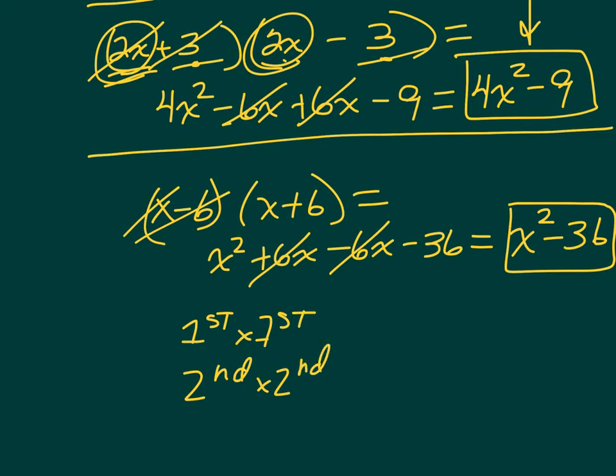Now you can only do that if you have conjugates. If you don't have conjugates, it's not going to work. Let's see if it would have worked down here. First times first would have been x times x, which is x squared. Second times second would have been negative 6 times positive 6, which is negative 36. It would have worked.